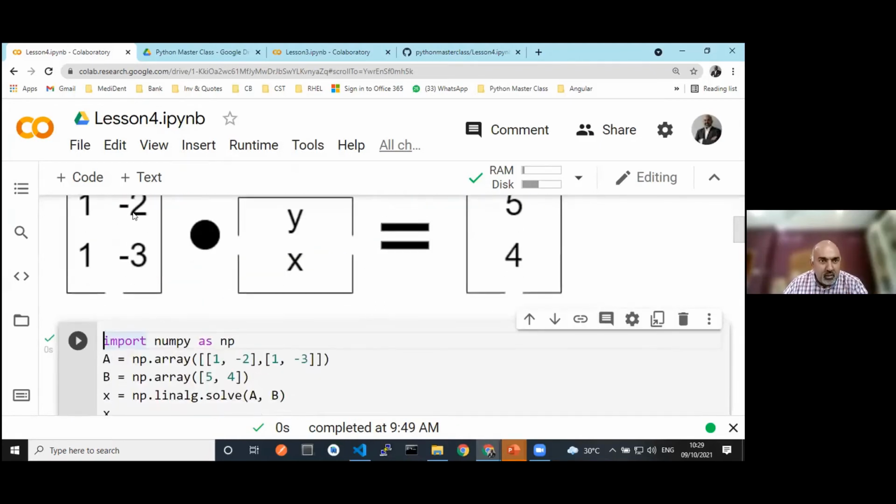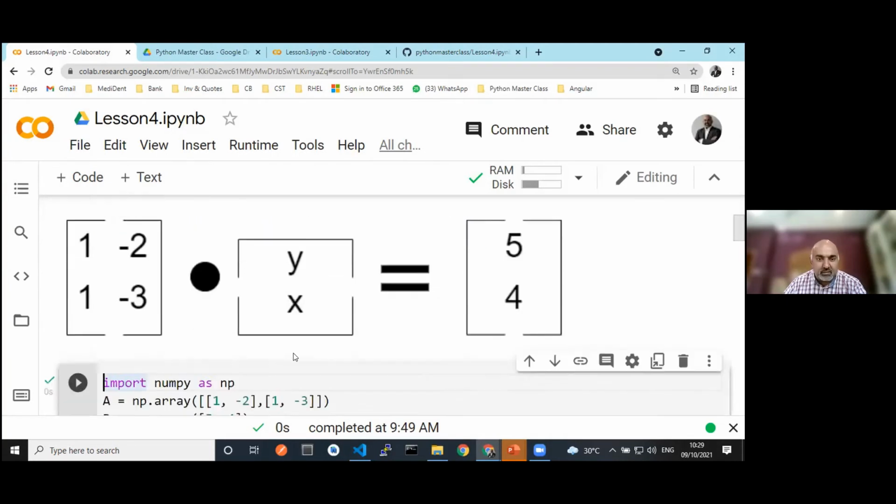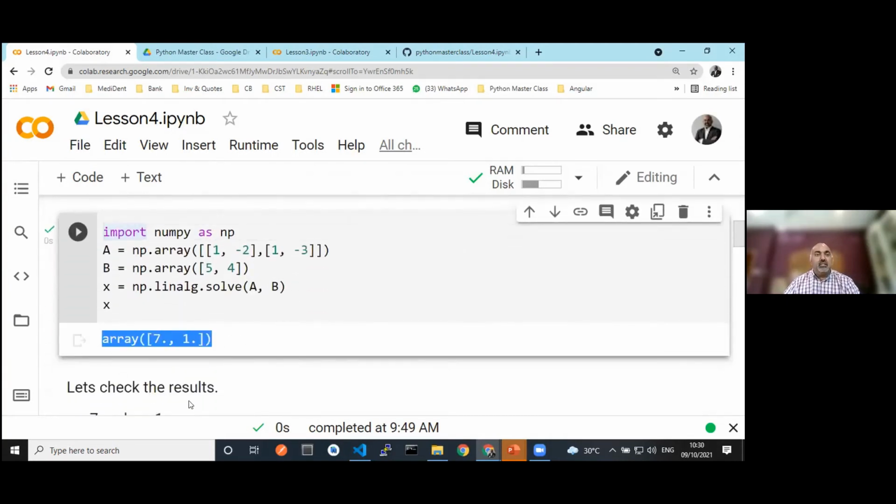So when I do the matrix calculation, it should give me back the same equation. If I take 1 and multiply by y, I will get y, -3 times x, I will get -3x, and then the 4. So I have stacked it up this way. That's why the first element is y, the second element is x. That's how we determine the answer here. The first element is y, the second element is x.